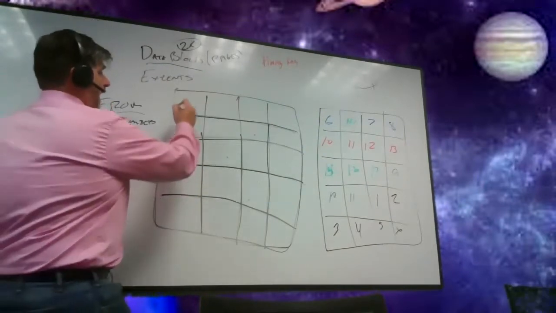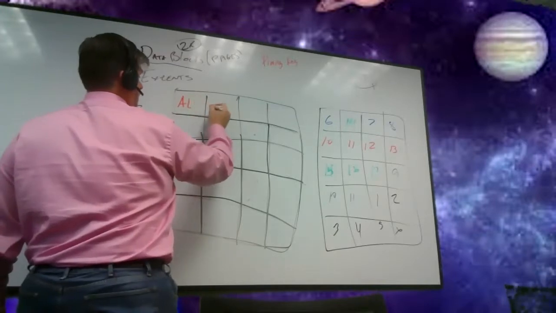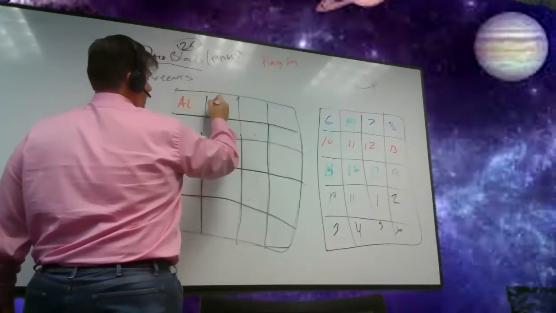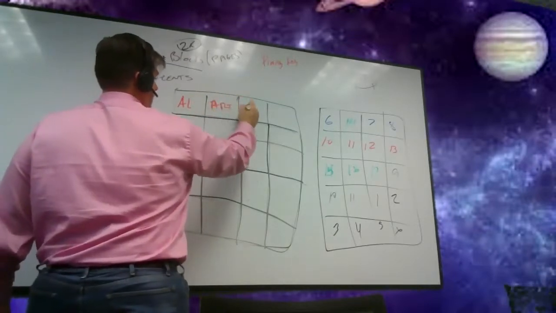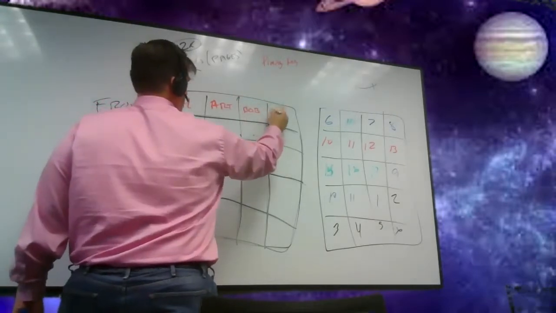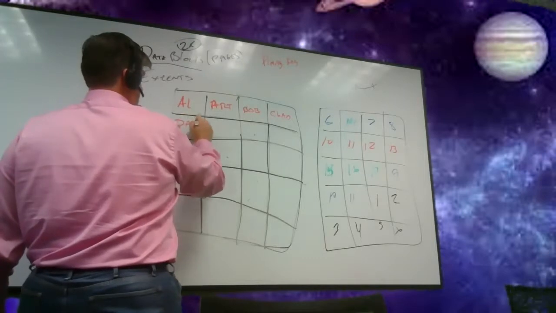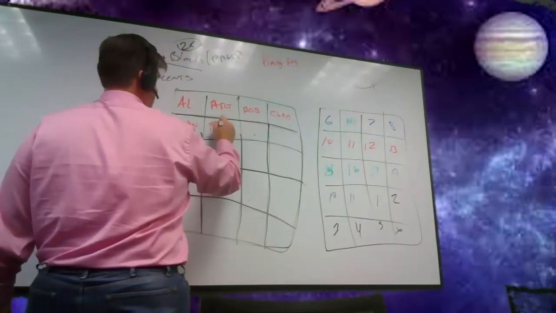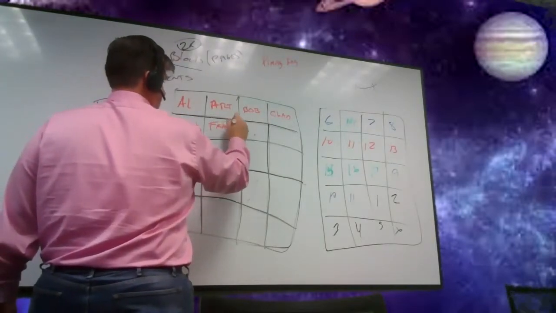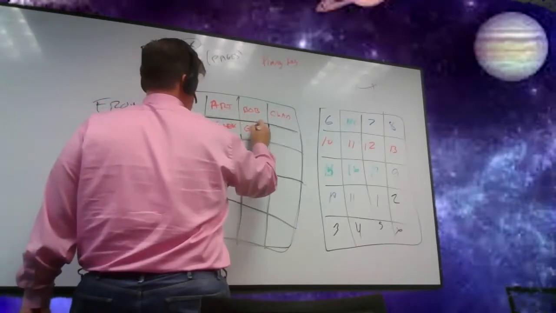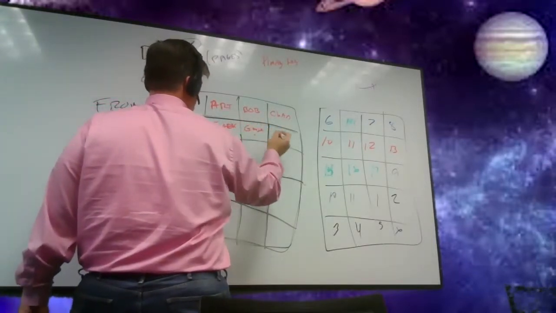So you have Al, Art, Bob, Chad, Dan, Frank, George, and Harry.